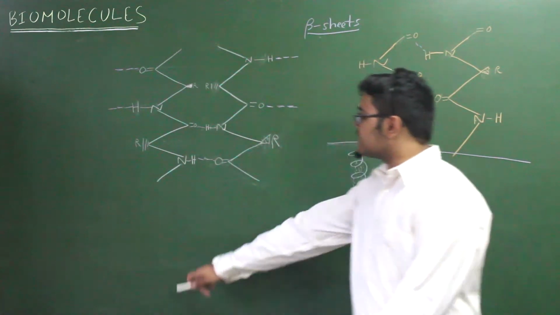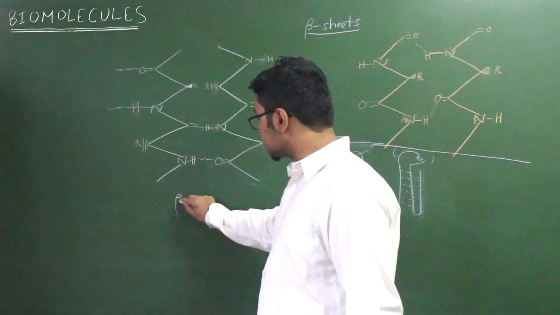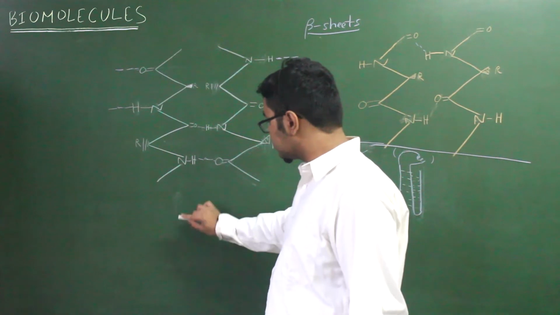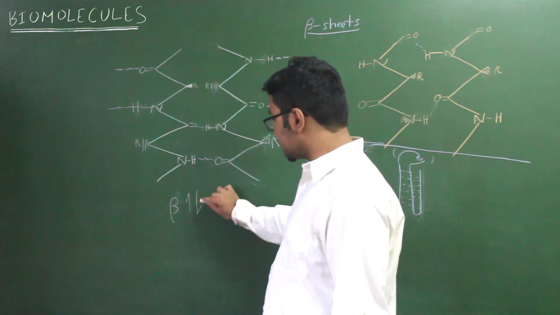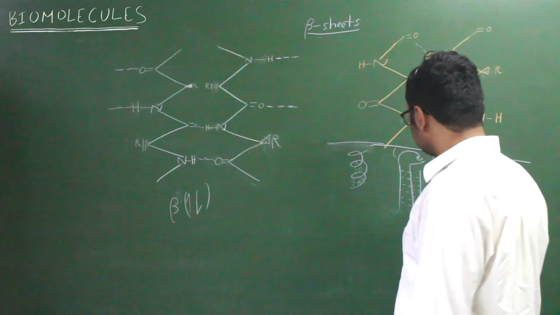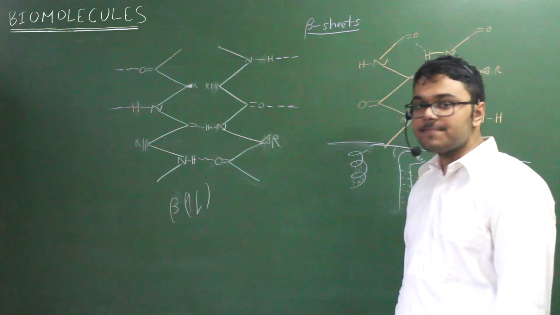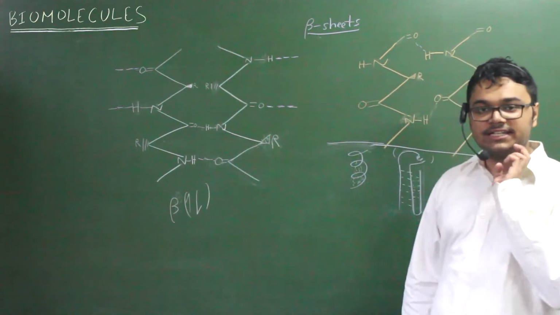There is the beta antiparallel, and over here, of course, we have the beta parallel, up here. Okay, so when we look at the beta antiparallel case, let's see what the hydrogen bonding is like.